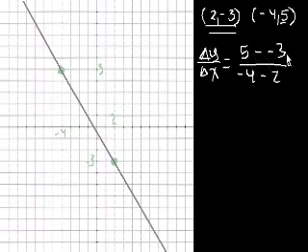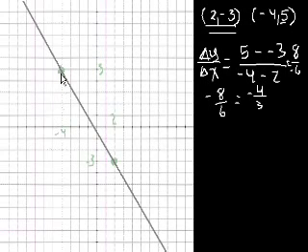Well, 5 minus negative 3 equals 8. And negative 4 minus 2 equals negative 6. And 8 over negative 6, if they're both divisible by 2, equals minus 4 over 3. And let's see, does that make sense as a slope?